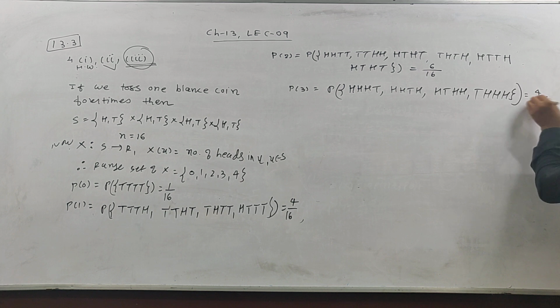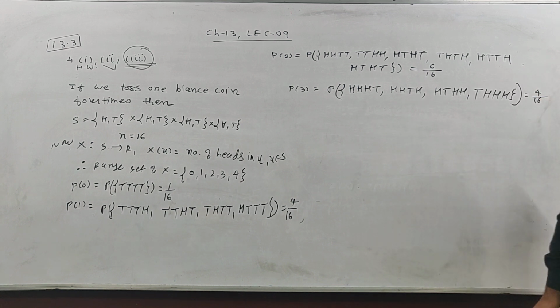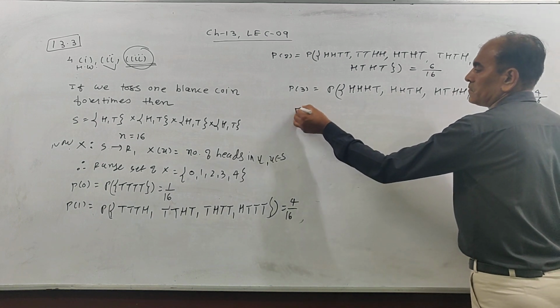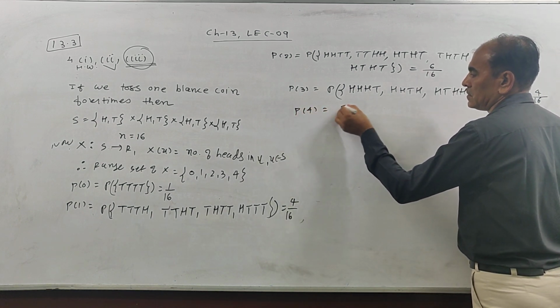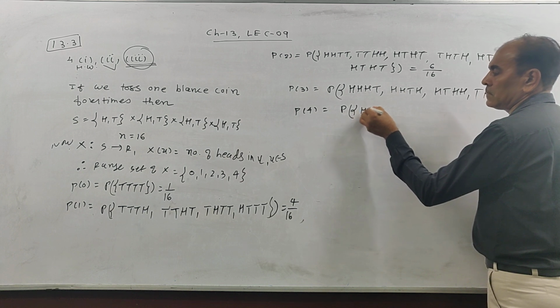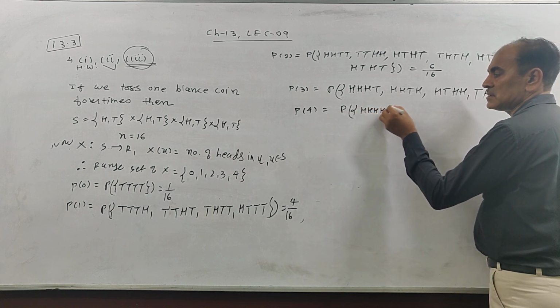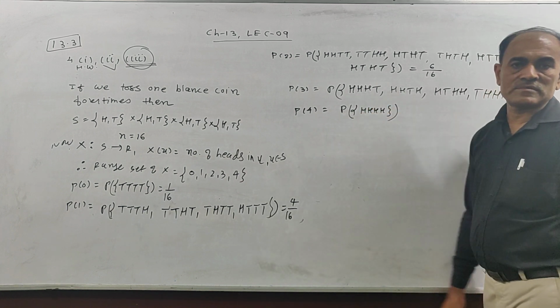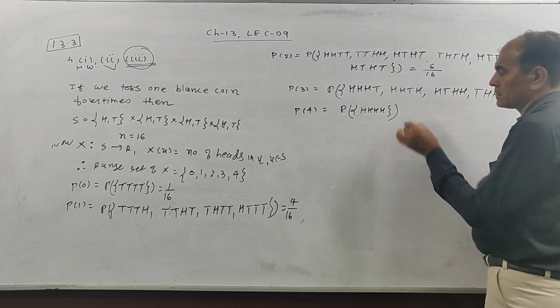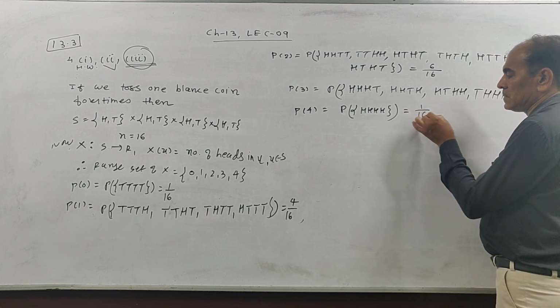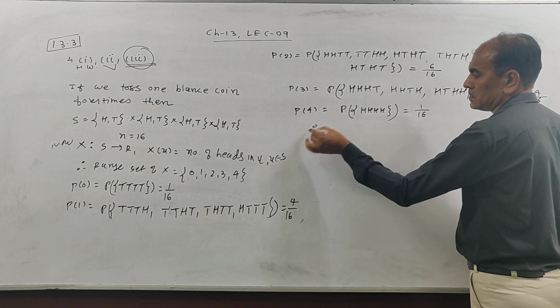That probability is 4 by 16. Next, 4 heads are there. We know that there is only one outcome that consists of 4 heads. So that is 1 by 16.